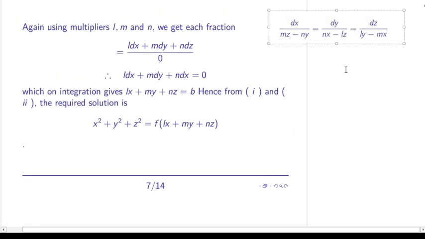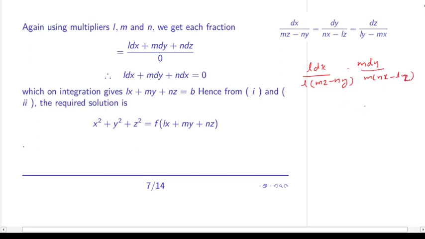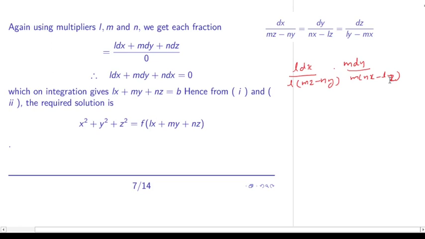Now you choose multipliers as L, M and N. Okay, you can choose multipliers as L, M and N. So L dx divided by L into (M z minus N y). Then the next ratio is M dy divided by M into (N x minus L z), and third was N. Okay, third was N. So N dz divided by N into (L y minus M x).